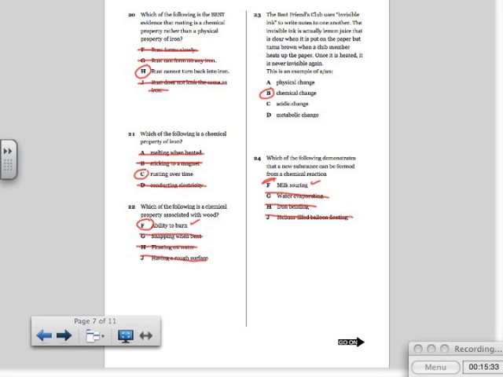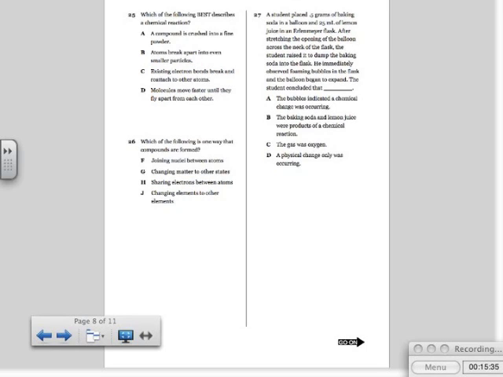Okay, next set of questions. 25. Which of the following best describes a chemical reaction? A compound crushed into a fine powder? No, that's physical. Atoms break apart into even smaller pieces. Now, atoms breaking apart, that doesn't happen naturally. That's like splitting an atom, that kind of atomic nuclear reaction stuff.